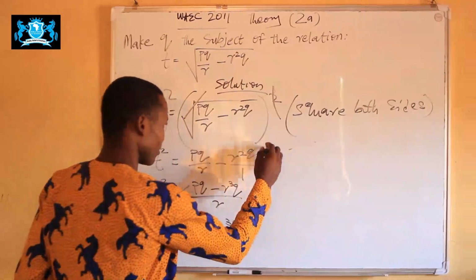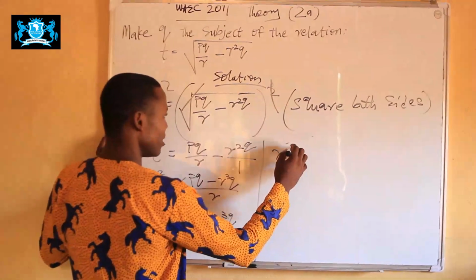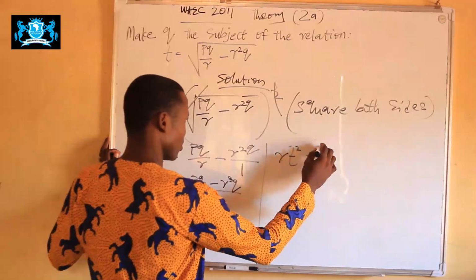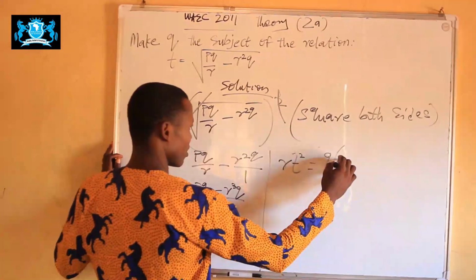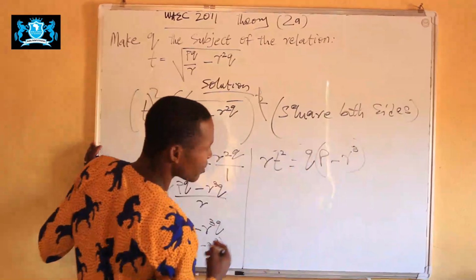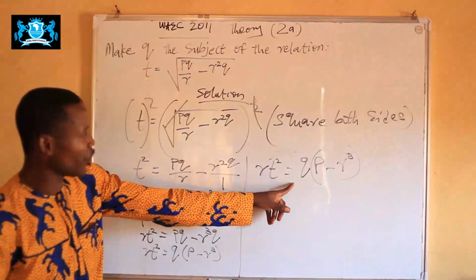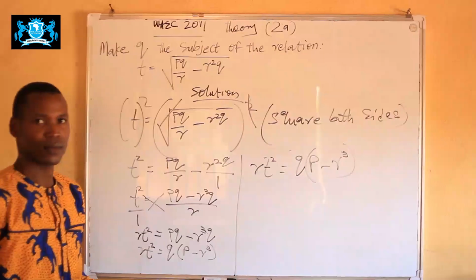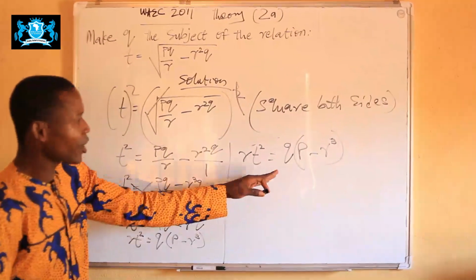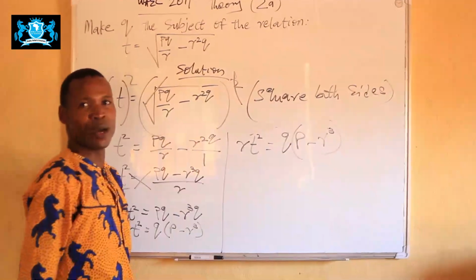Now, we have R T squared equals Q, P minus R Q. Remember, our goal is to make our Q the subject of the formula. What do we do? How can Q be alone? If we remove this bracket now, you see that Q will be alone.